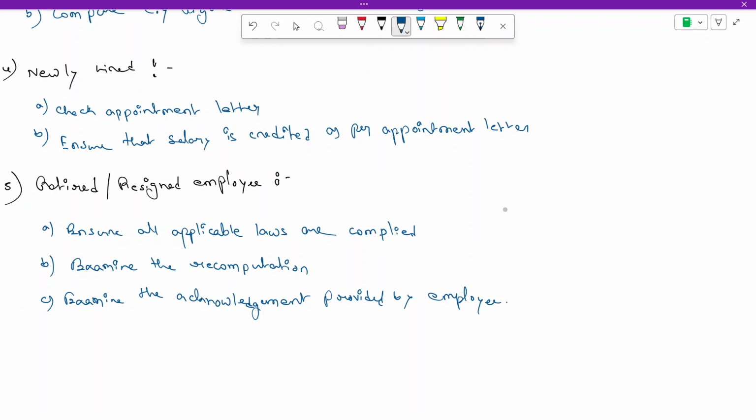So now the expenses part already began in employee benefit expenses, and now the depreciation part will come: audit of depreciation and amortization.